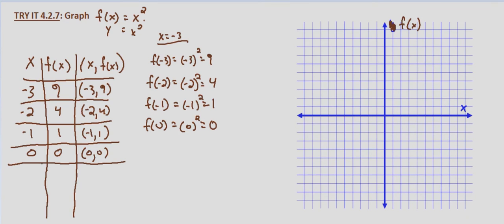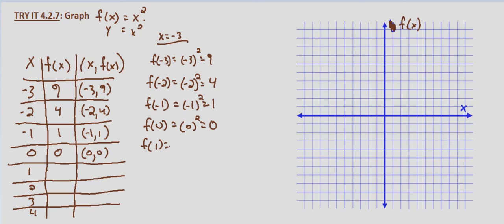I'll go ahead and write out our x values: 1, 2, 3, and last but not least 4. So f of 1 equals 1 squared, which equals 1. f of 2 equals 2 squared, which equals 4. f of 3 equals 3 squared, which equals 9.